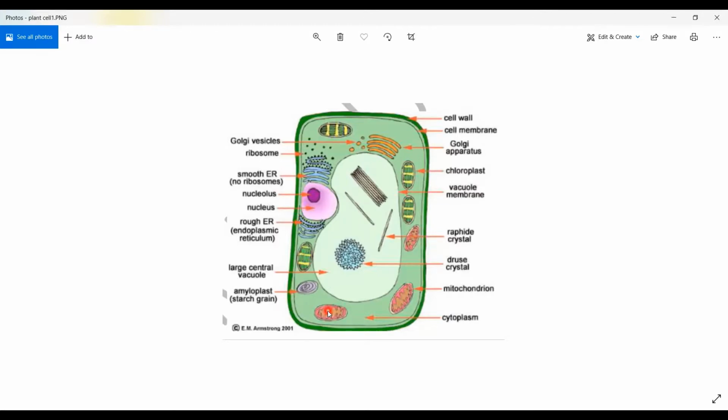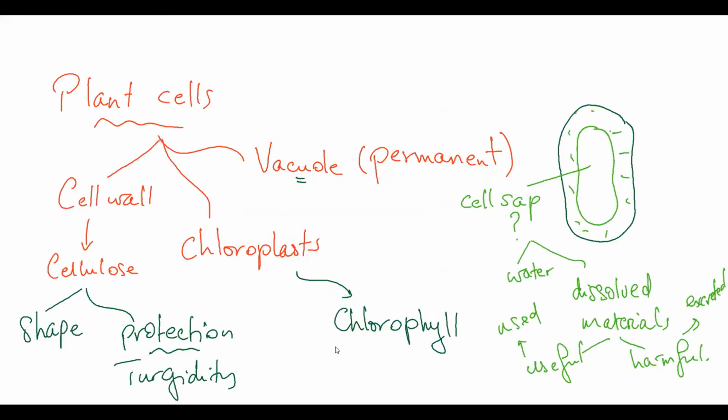What do I mean by the levels of organization? I just said that there is something called the levels of organization. It means that if similar cells are added together, and the meaning of similar cells is that they have the same shape and structure and also the same function.